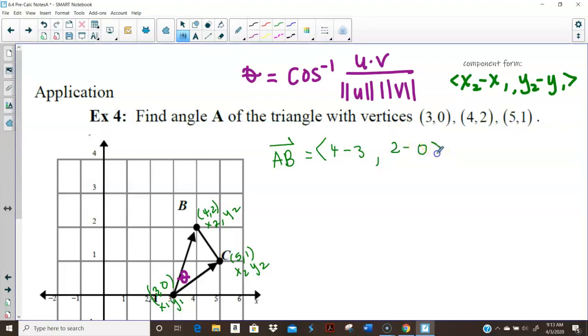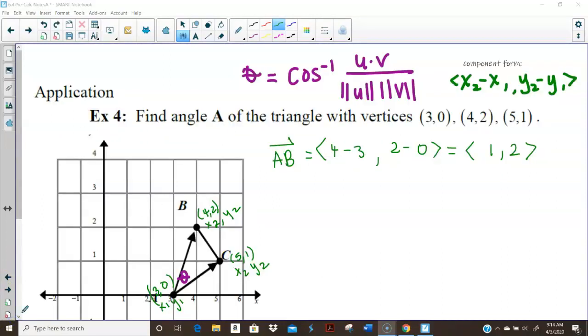Because we care about the direction, when you're putting it in component form, you always start on the terminal side and you subtract the initial side, and that will give you the right direction. So this vector in component form is going to be 1, 2.